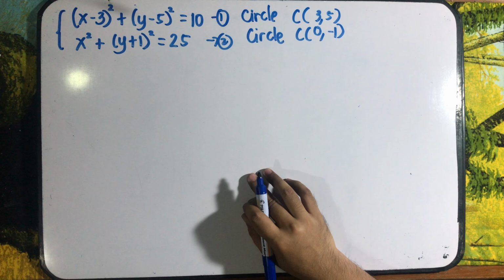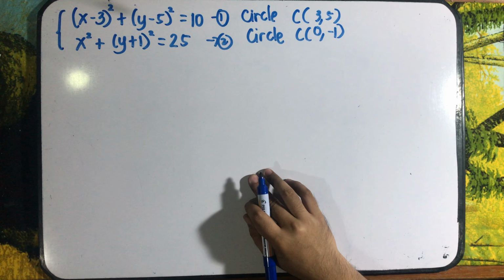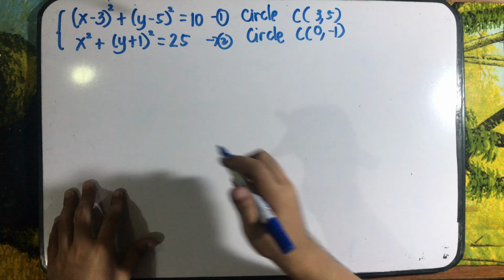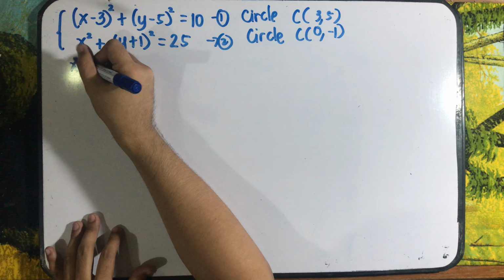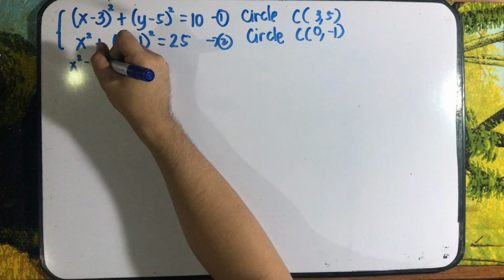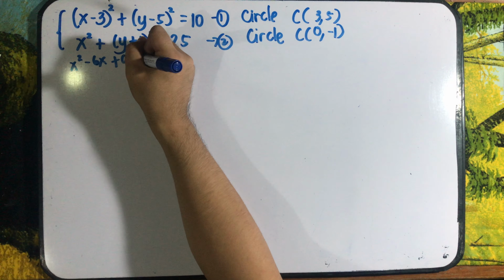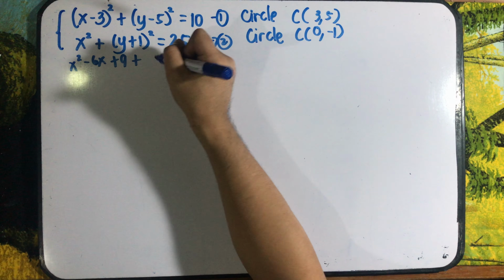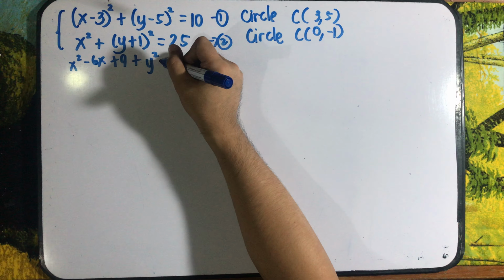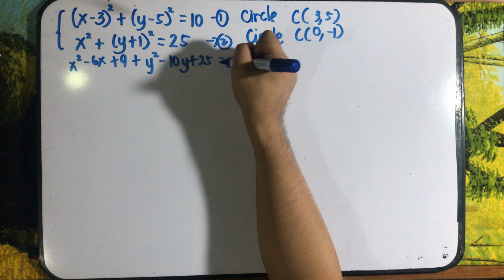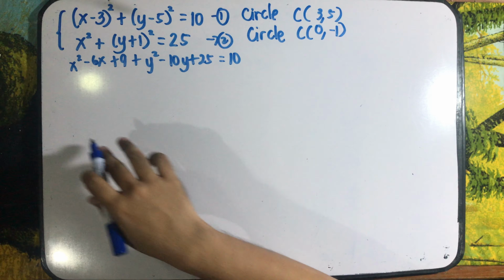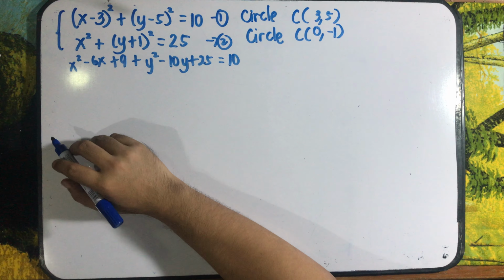So, in order for us to solve this problem, all we have to do first is to expand. For equation 1, expanding, this becomes x squared minus 6x plus 9 plus y squared minus 10y plus 25 is equal to 10. So let us rewrite this equation.